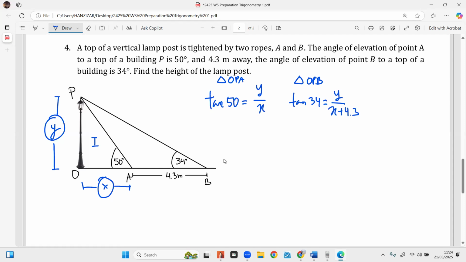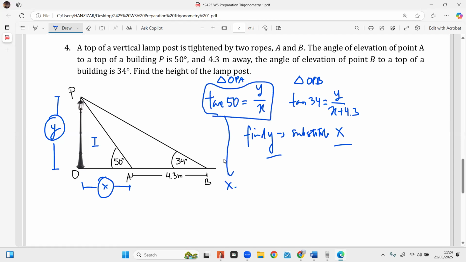So we are dealing with quite complicated numbers. What we are finding, guys, is Y, then you substitute X. Find Y, substitute the other. So you can do the cross multiplication. X times tan 50 equals Y, right? So X equals Y over tan 50.